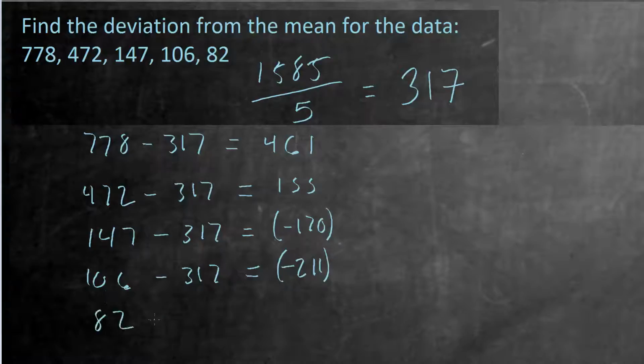And then finally 82 minus 317 is negative 235. So these are the deviations from the mean.